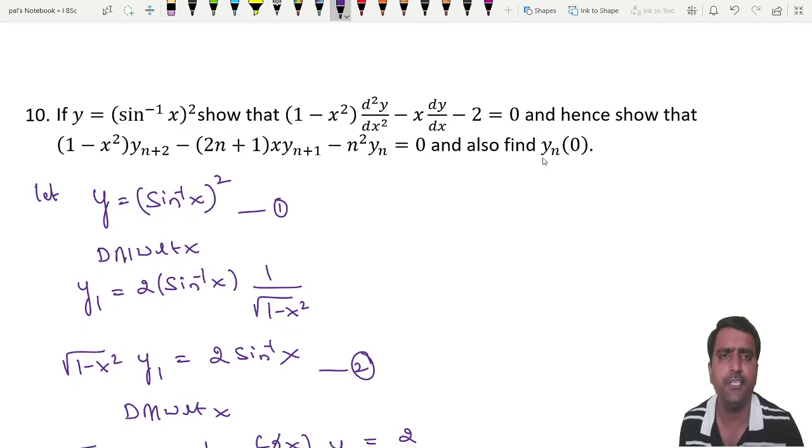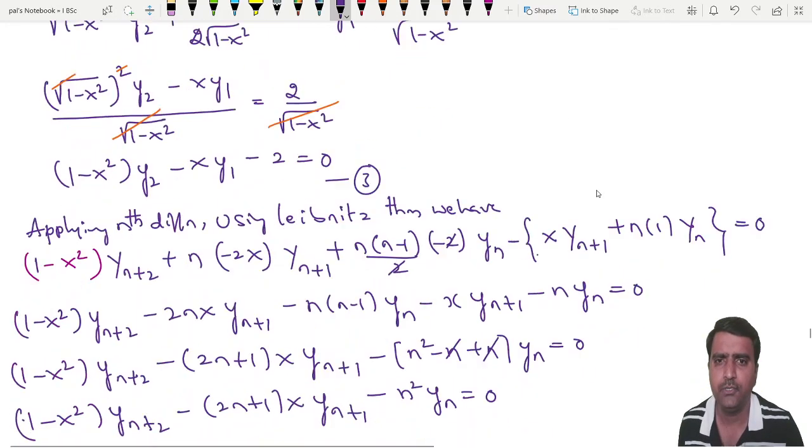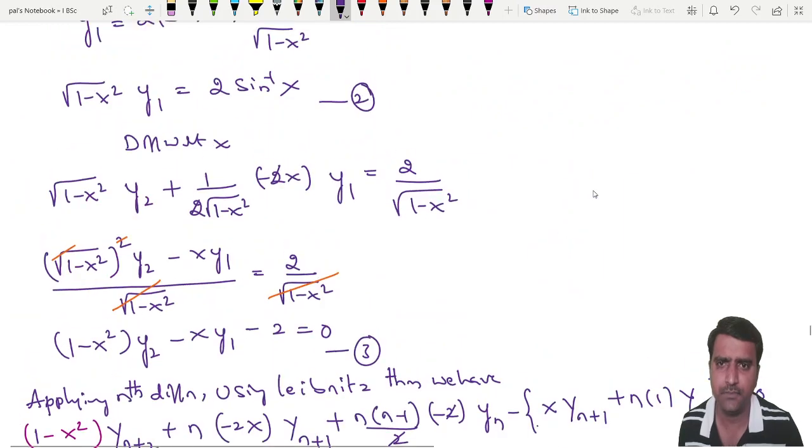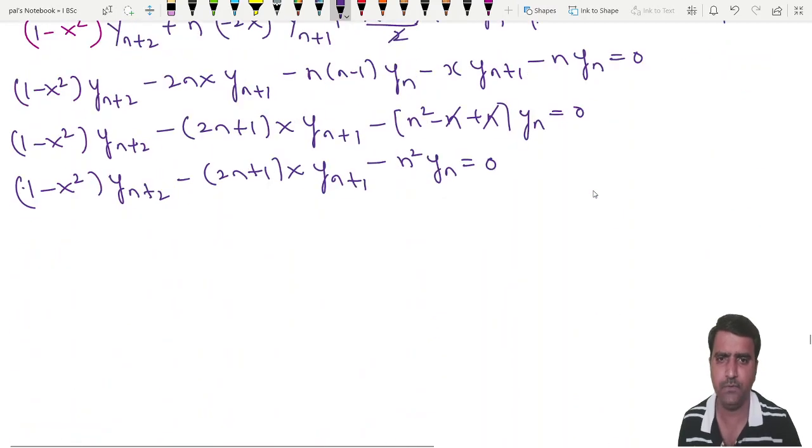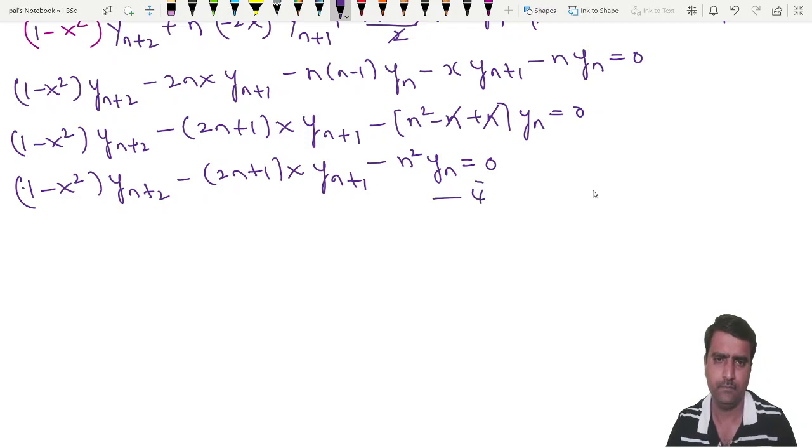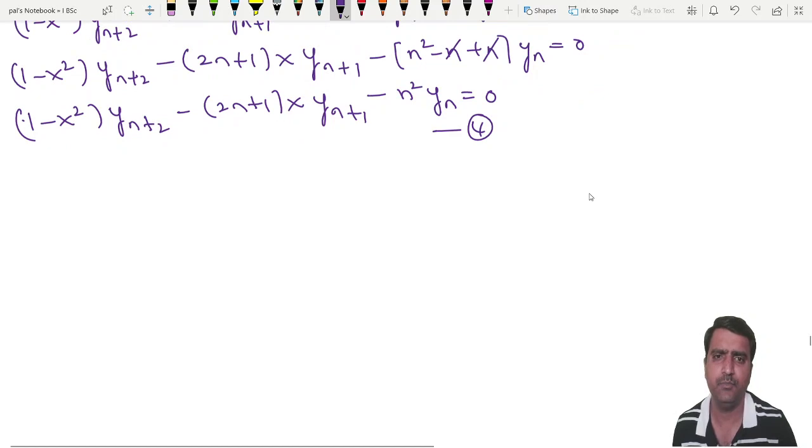And also we need to find yn of 0. What is the value of yn of 0? To find it, you take equation 4 and put x is equal to 0 in expression 4.